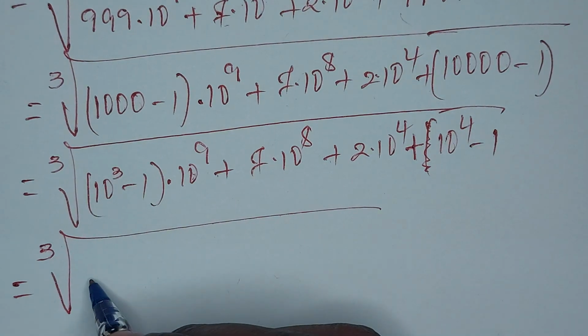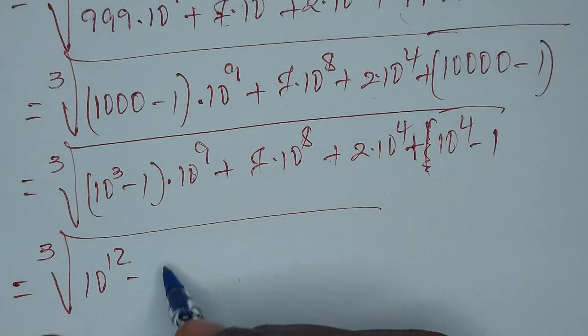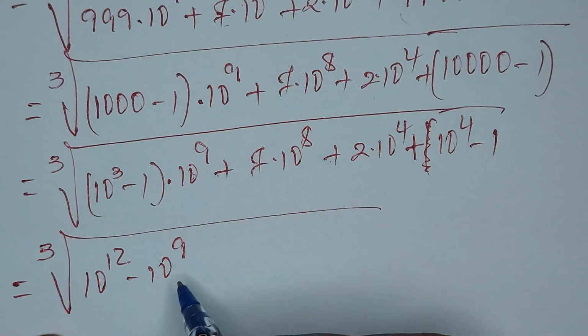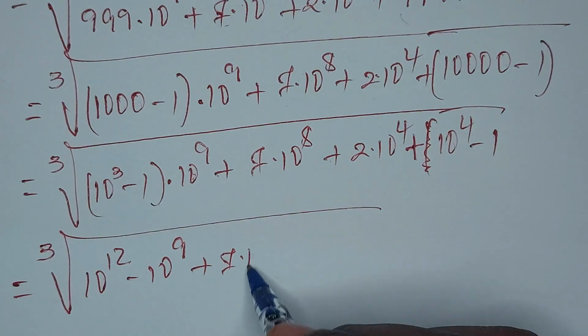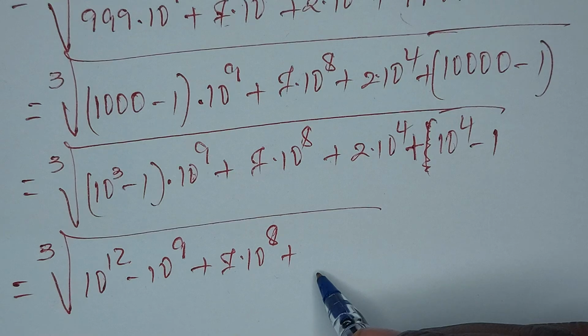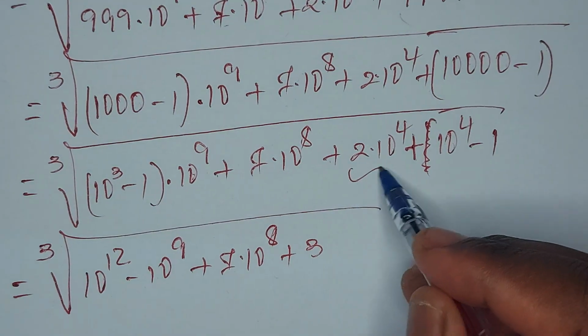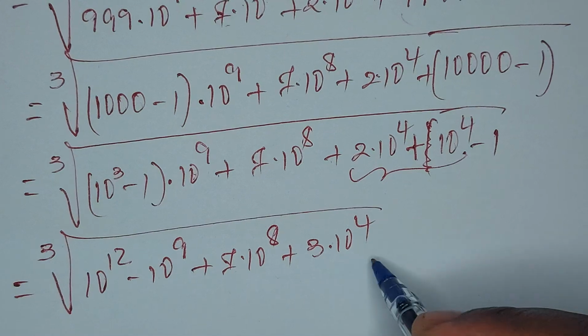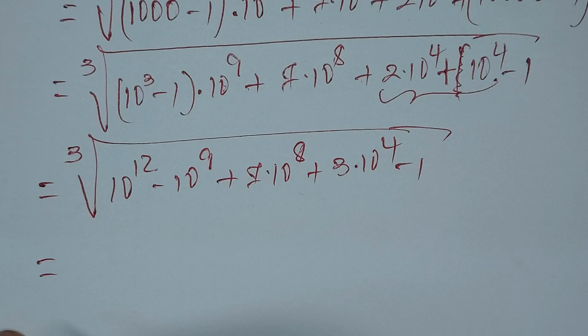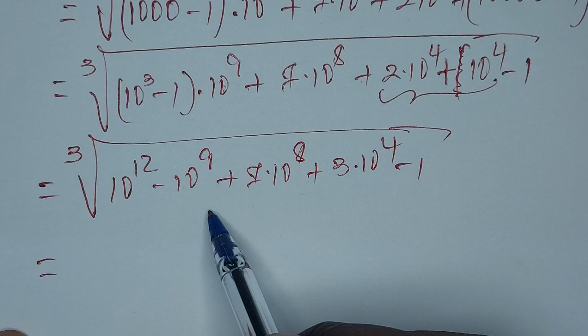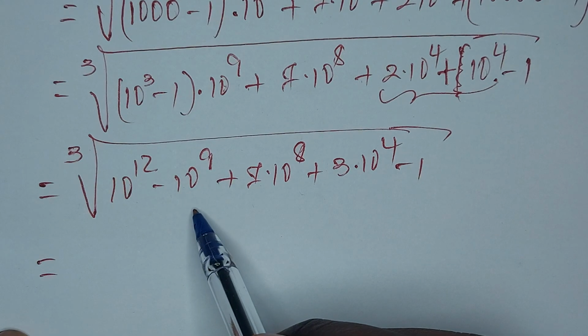This one times this is going to be 10 to the power of 12 minus 10 to the 9, and then plus 7 times 10 to the 8, plus 3 times 10 to the 4, and then minus 1. Pretty interesting here.